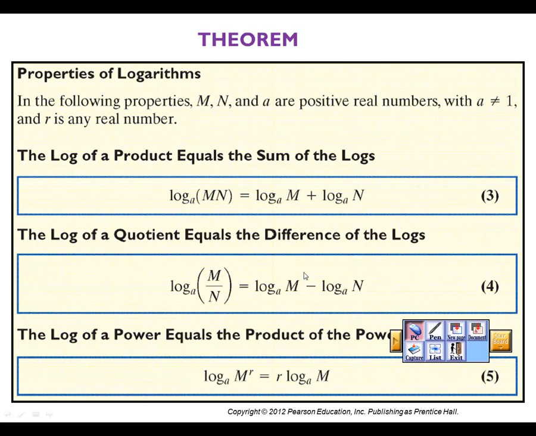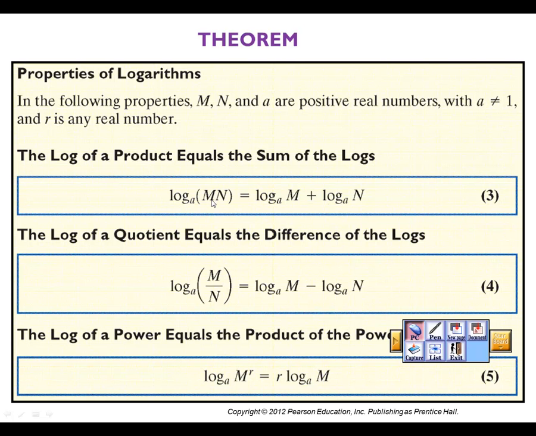Alright, properties of logarithms. When we have two terms that are multiplied together, sometimes when we're solving problems, we want to expand that so that we have a sum or difference of logarithms. In this case, it's the sum of logarithms.